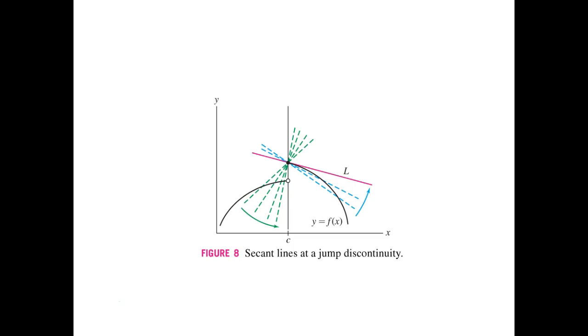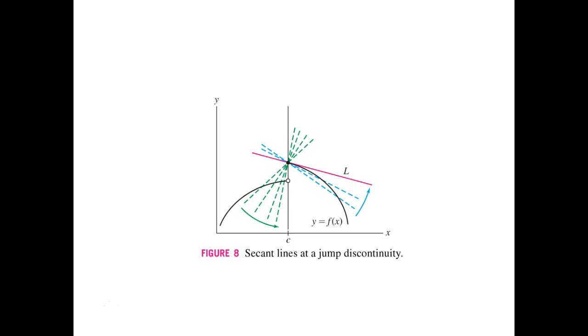If you tried to do secant lines, say between this point and that point, it would be this green dotted curve. Between this point and that point would be that one. This point and that one, that one, that one. But if you tried to do secant lines this way, you would have these 2 points that would give you that one and this one.